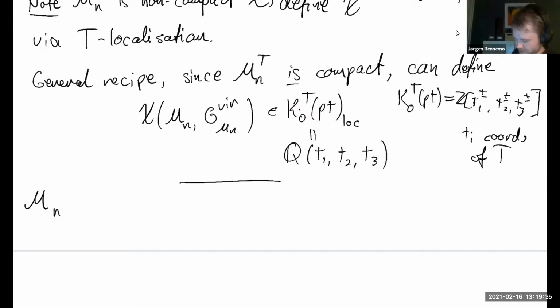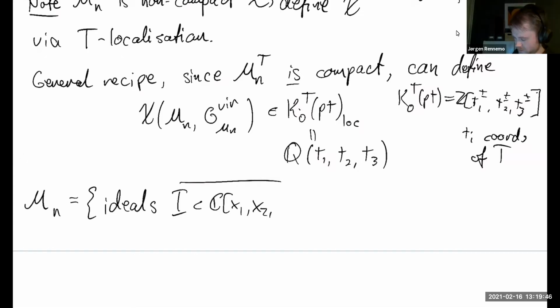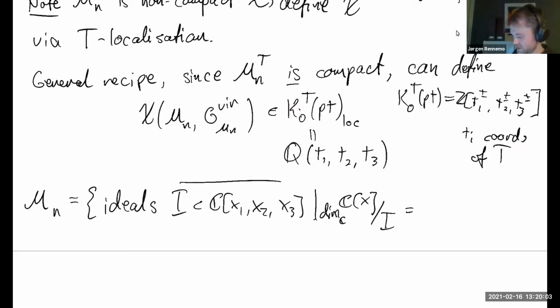Mn we can think of as the ideals contained in the polynomial ring in 3 variables such that the quotient as a C vector space is n-dimensional.